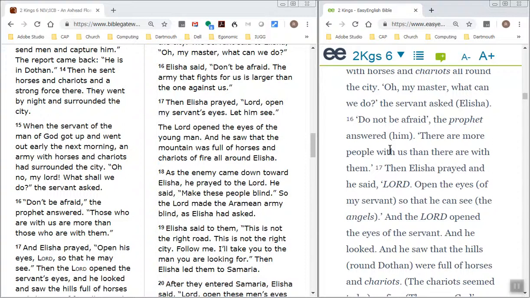So I think I'm going to go with the International Children's Bible in the middle column, and it says the army that fights for us is larger than the one against us.